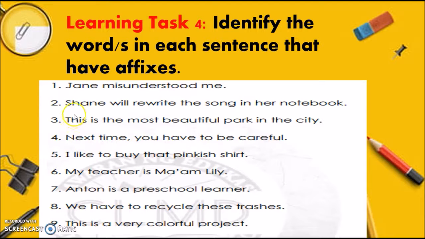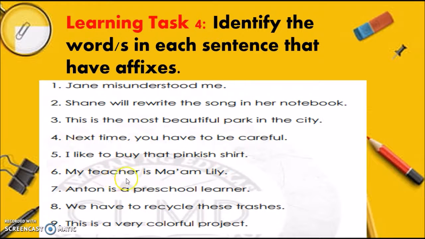Alright? Number 3, this is the most beautiful park in the city. So, isang salita lang po ang inyong susulat dyan, ang salitang may affix. Number 4, next time, you have to be careful. So, alin po dyan ang may affix sa number 4? Number 5, I like to buy that pinkish shirt.